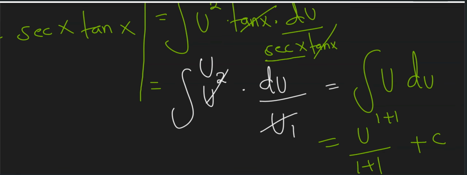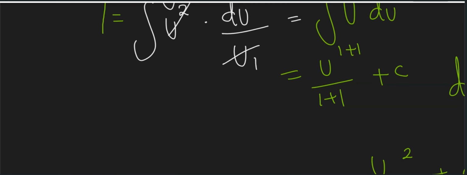Let me delete some stuff here. We don't need this, this is already understood. So now we have our new answer as u squared plus c, but of course u squared divided by 2.